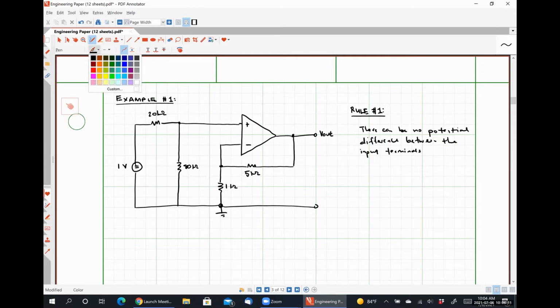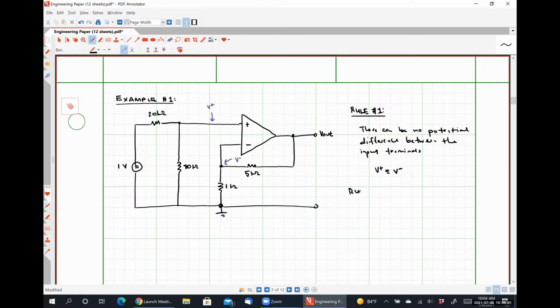So if I define this voltage to be V plus, the voltage present at the non-inverting input terminal, and this voltage to be V minus, the voltage present at the inverting input terminal, then rule 1 simply means that V plus has to be equal to V minus.